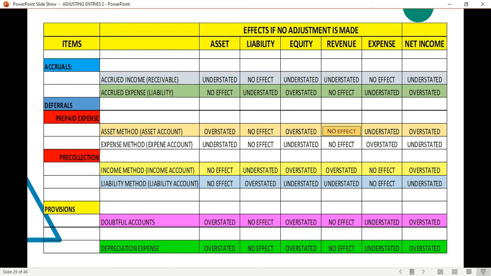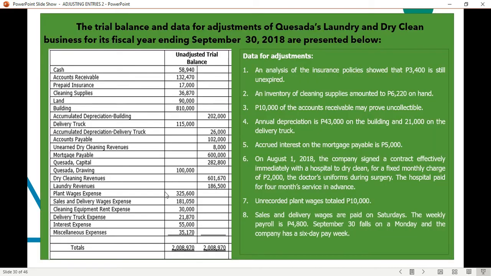Since depreciation is an expense account, expense will be understated. Revenue is okay while expense is understated, so net income will be overstated. Closing net income to equity, overstated income will also overstate the equity. So that's a wrap up of what you watched in that video.